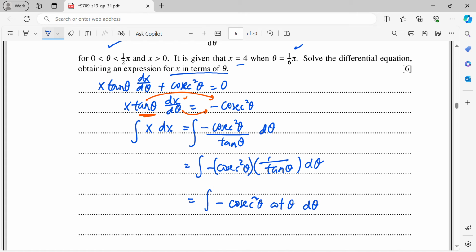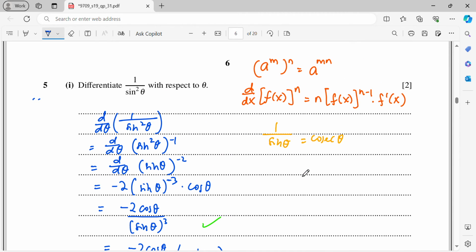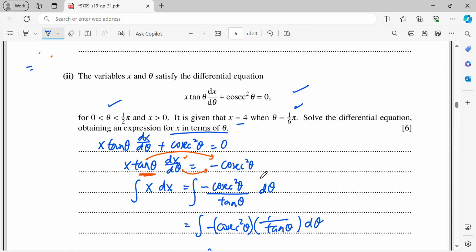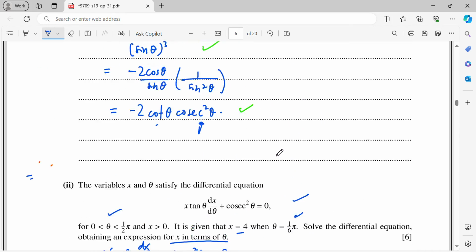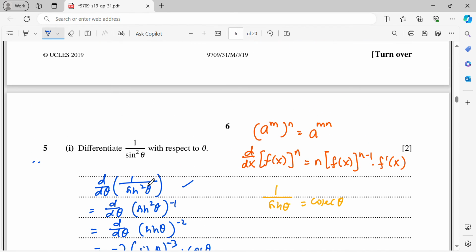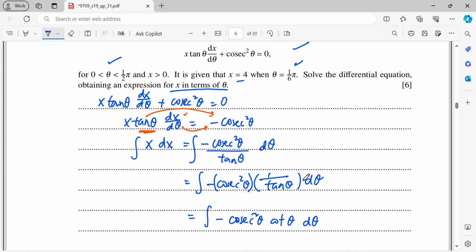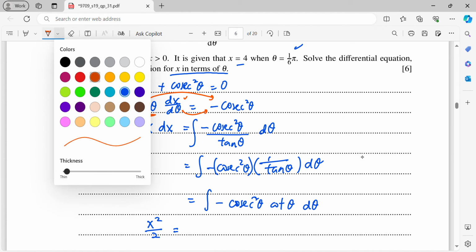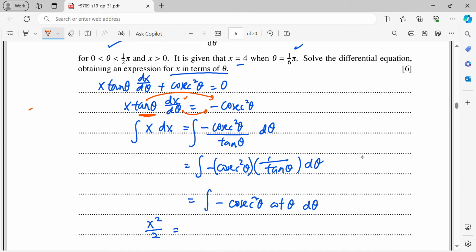And we have proven the differentiation just now. When you differentiate 1 over sine squared theta, you get negative 2 cot theta cosec squared theta. So when we integrate the right side, you will be getting the left hand side.